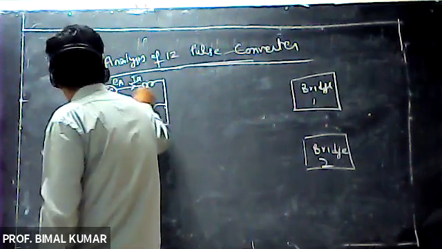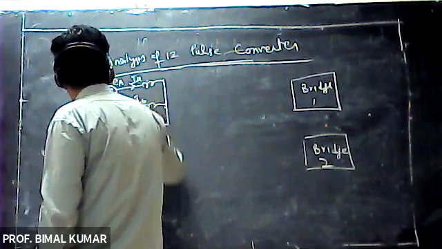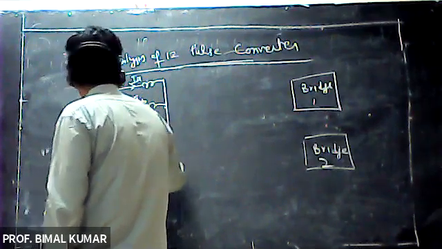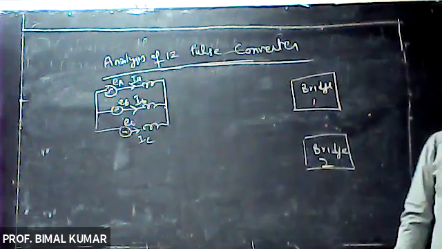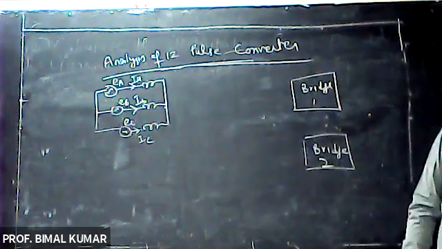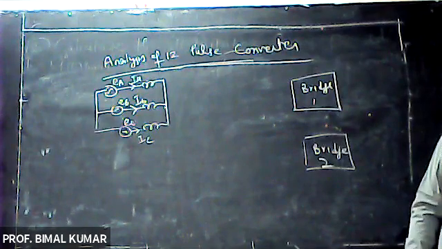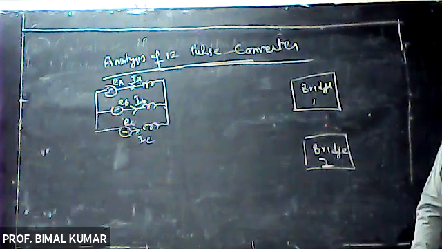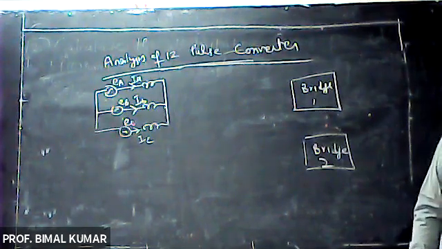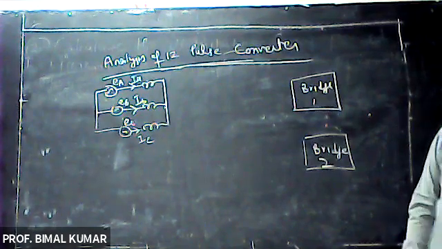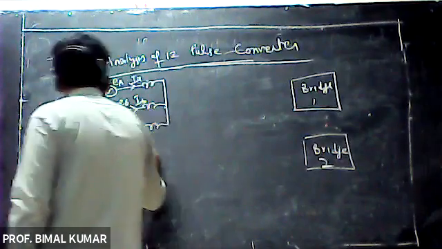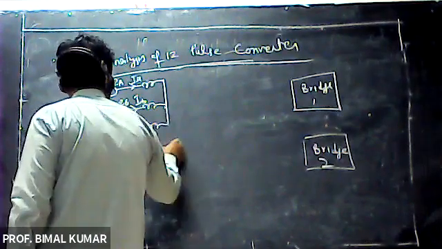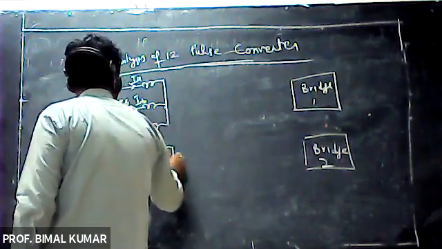In phase B, IB is the current flowing. In phase C, IC is the current flowing. Now this is the star type connection of transformer 1. Right? Now, in a similar manner, transformer 2 is also connected, with the primary also connected in star.